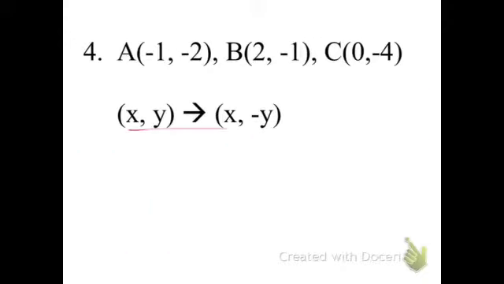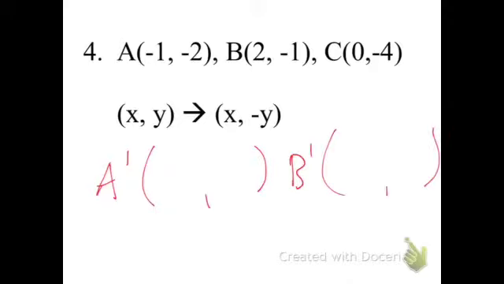Moving on to 4. This function tells me not to really do much except change the sign on the y-coordinate. And so the order of the numbers stays the same, just the sign on the second number. And so A prime comes from A, which is at negative 1, negative 2. The x stays the same, but the y-coordinate changes the sign.